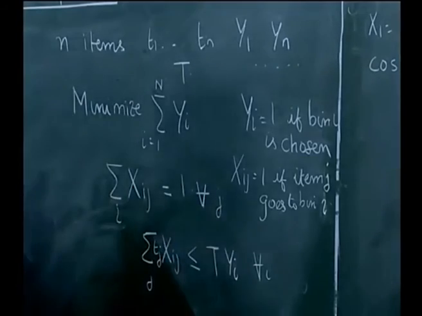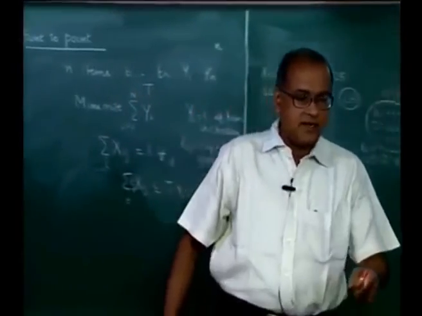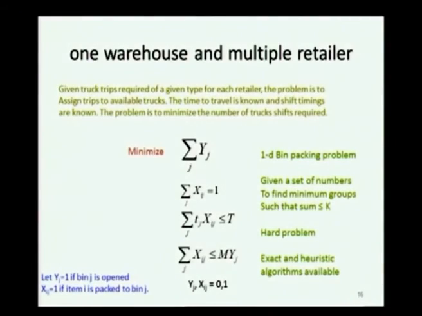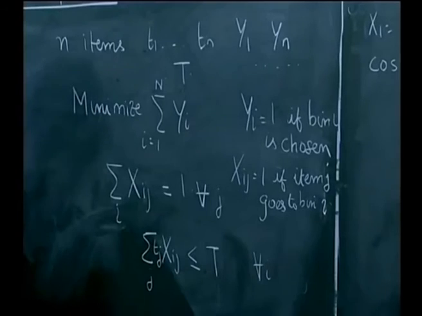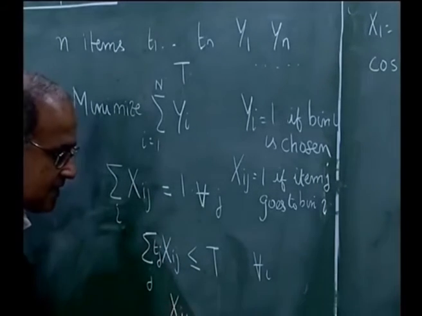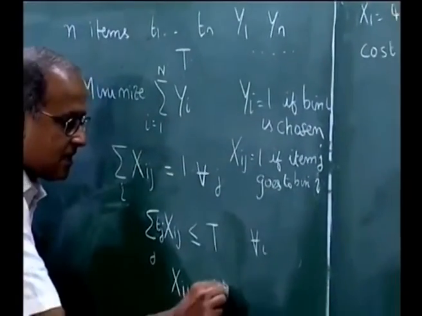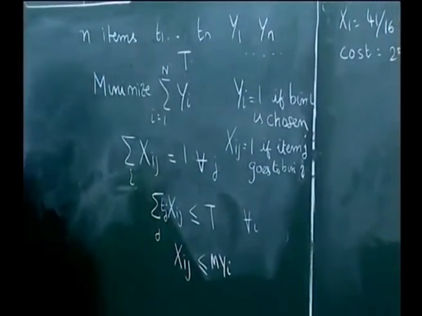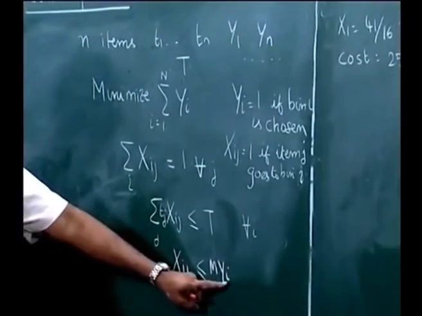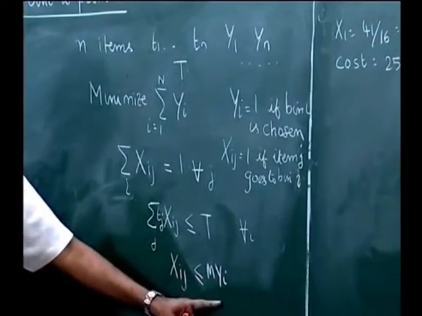The other way of doing it is what is shown in this slide, where these are explicitly written as two different constraints. So, we could simply say sigma tj xij less than or equal to t, which means that we need a linking constraint between the xij's and the yi's. We could also write xij less than or equal to yi, which means only when the bin is chosen can I put something into the bin.